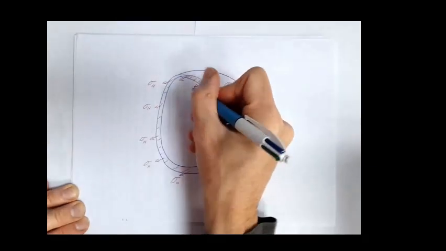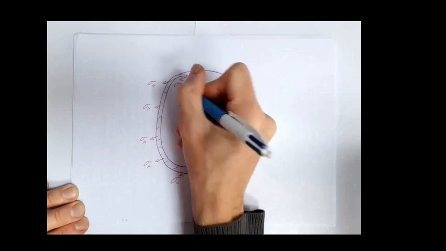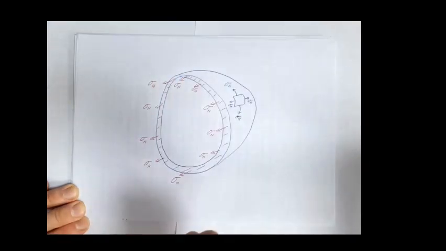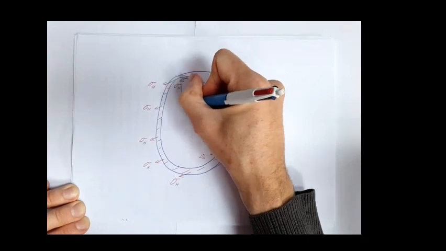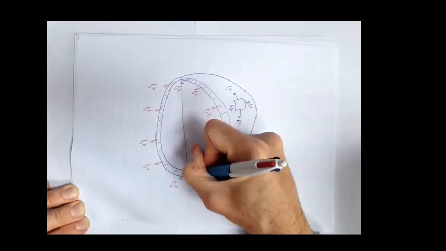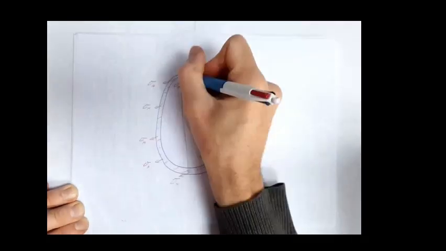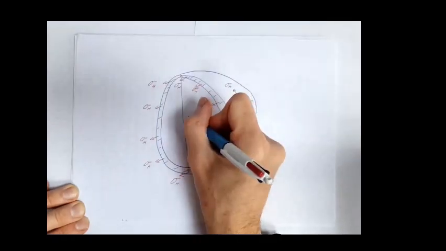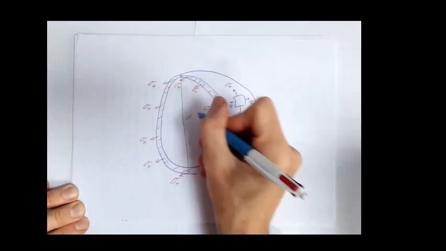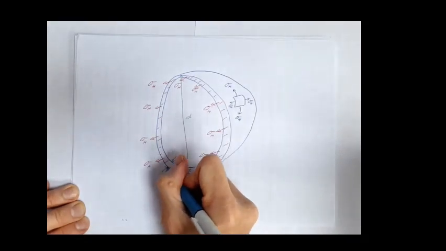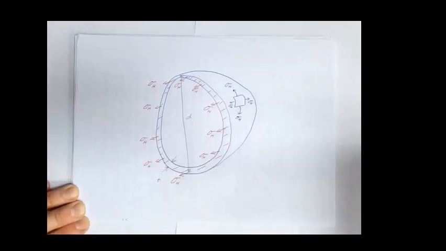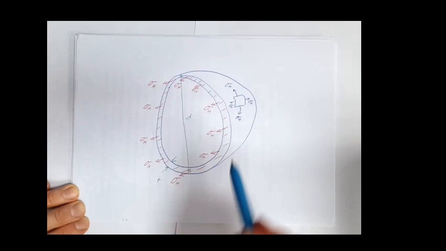Hoop stress. Let's put some dimensions on this. So again, let's call this diameter D and thickness T. So let's work out how we can calculate what those hoop stresses are.